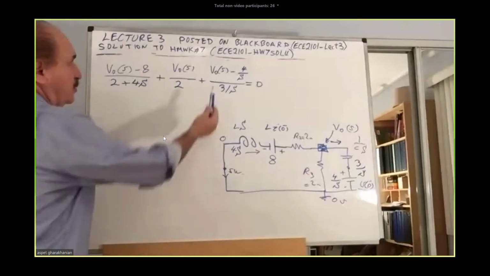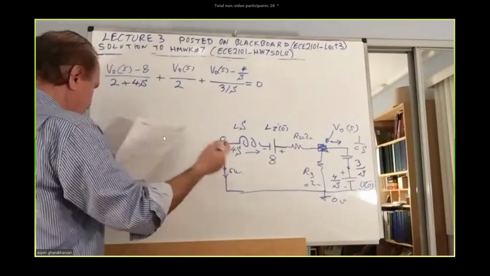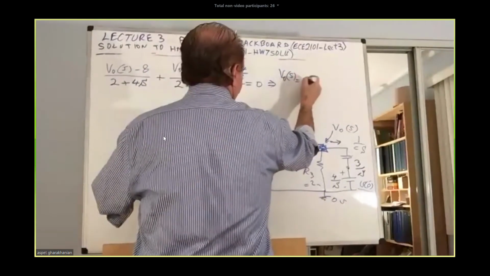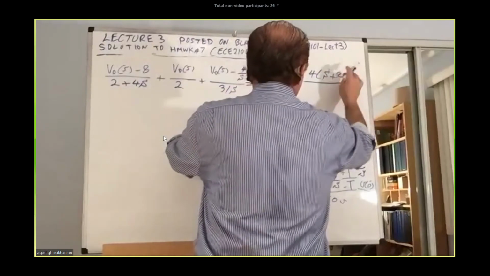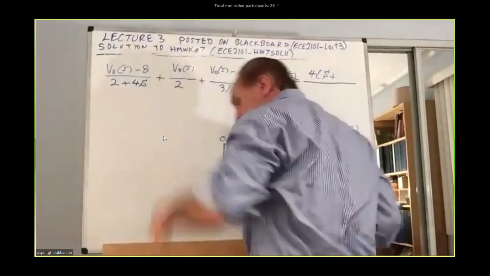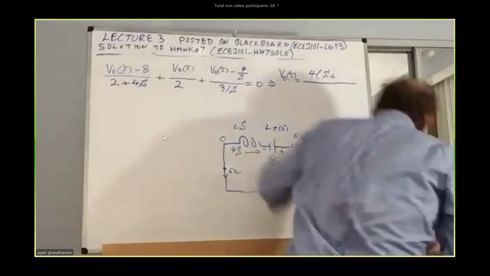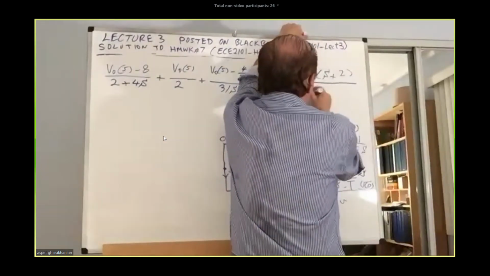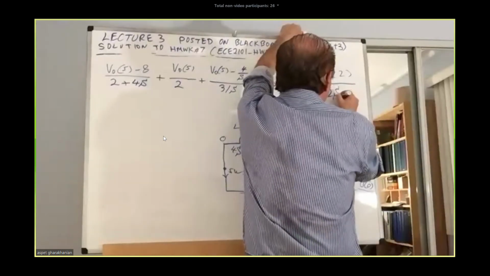Look at what you don't have here. You don't have the V0 of S. So you have to solve for it. V0 of S will come out to be 4 times S plus 2 divided by S squared plus 2S plus 1.5.